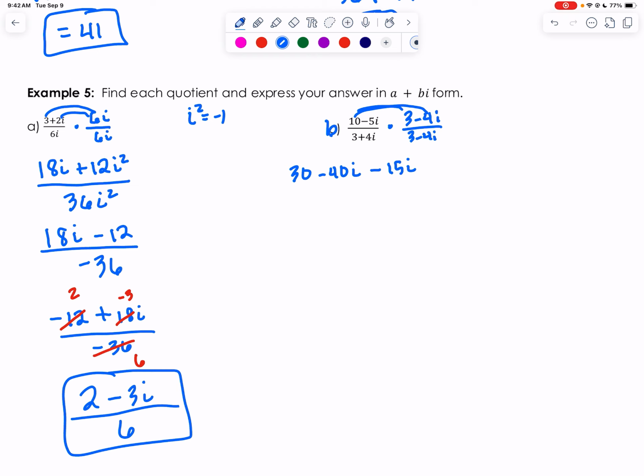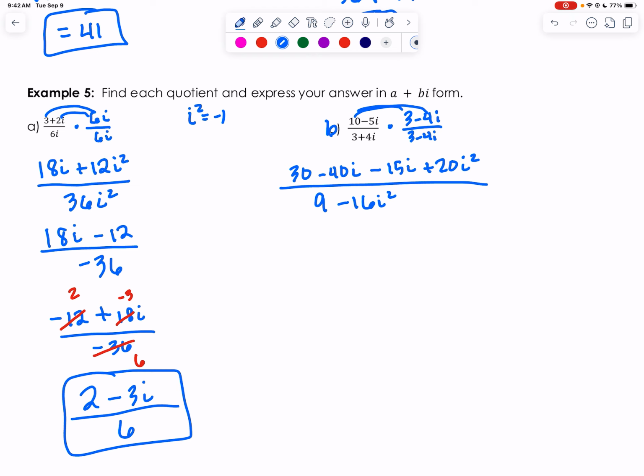And negative 5i times negative 4i would be positive 20i squared. Now on the bottom, remember on complex conjugates, the middle two terms are going to cancel out. So really you only need to multiply the 3 times 3, which would be 9, and then the 4i times negative 4i, which would be negative 16i squared.